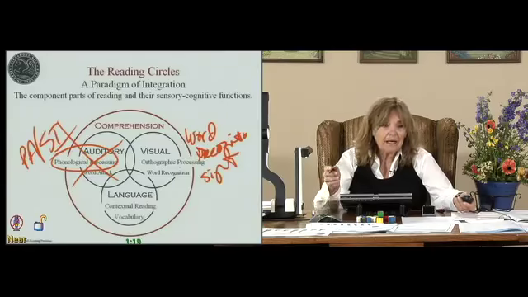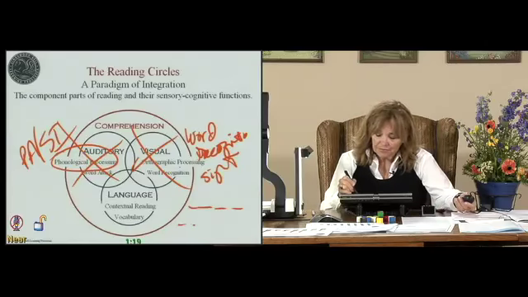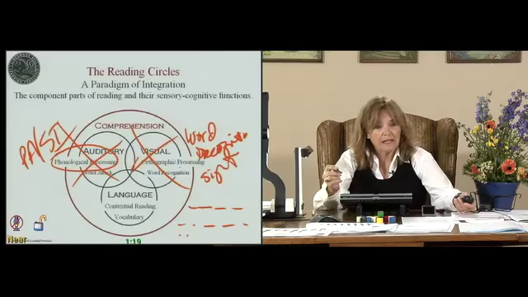Then when I was getting my master's in reading, they didn't do either of those. The only thing that they did was teach students to guess at words, and they'd blank out every fifth word. And it was a contextual guessing game.